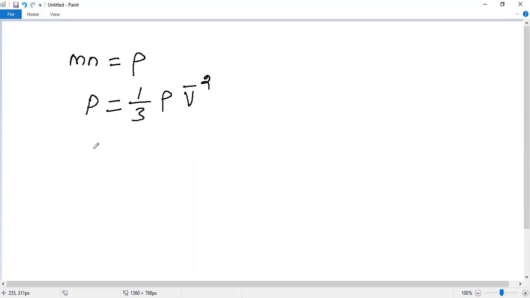So in the earlier formula, I multiply and divide by 2: 2 divided by 2, m v bar square into 1 by 3 n.